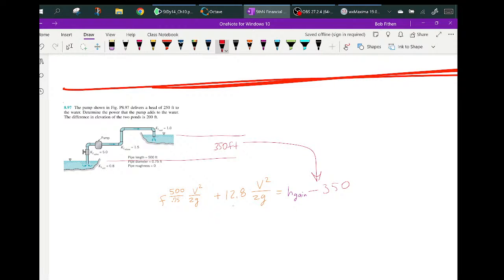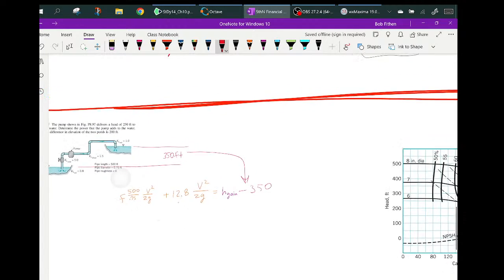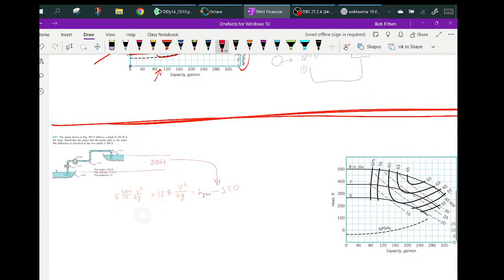So what pump do I need? Let's say I'm given these three choices: a 6-inch diameter, a 7-inch diameter, and an 8-inch diameter. So let's say we pick the 7-inch diameter. And let's say, just logically, what is the most foot of head?